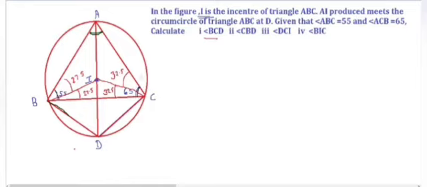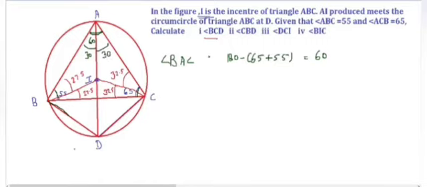So angle BAC will be 180 minus 65 plus 55, that is equal to 60. So this angle is going to be 60. Now I will divide this 60 also into two equal parts. So this is also 30 and this is also 30.